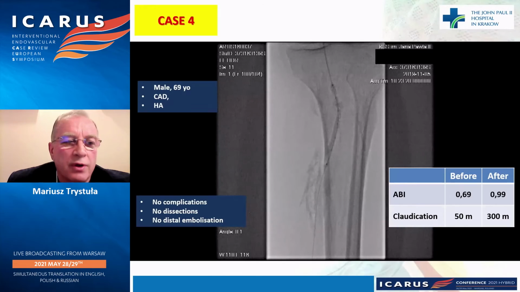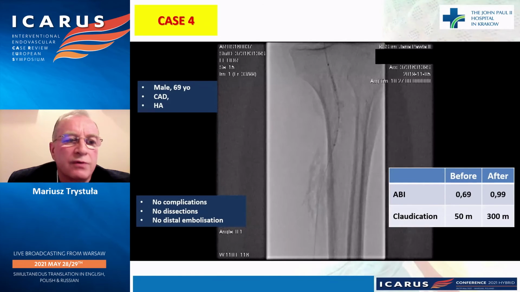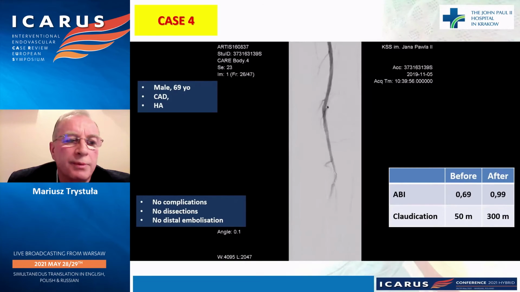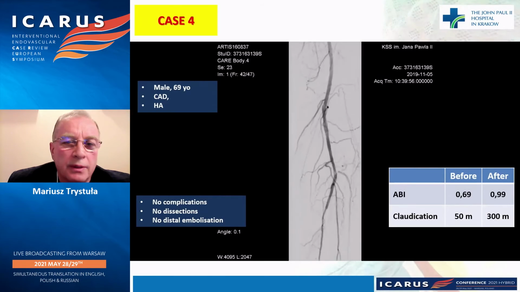A 4 millimeter IVL catheter was used. We got extension of the distance of claudication from 50 meters to 300 meters. No complications, but about 70% residual stenosis of ATA left, but we couldn't open it in this procedure.